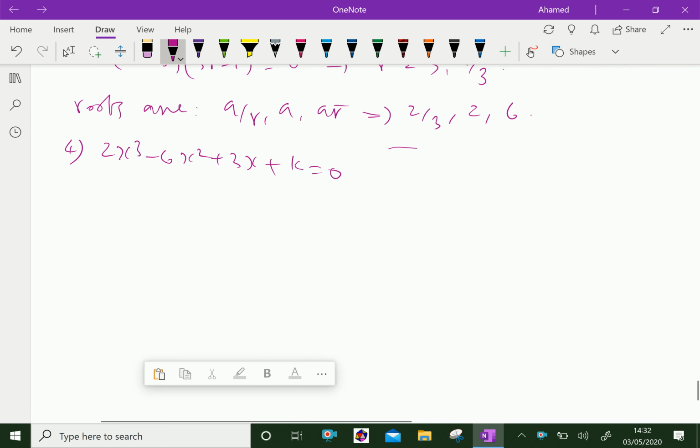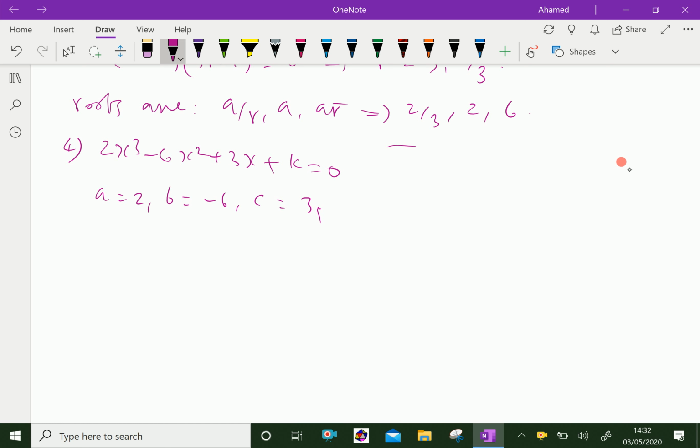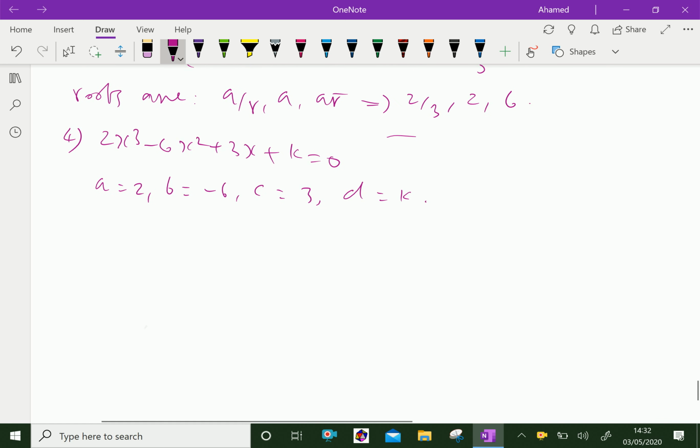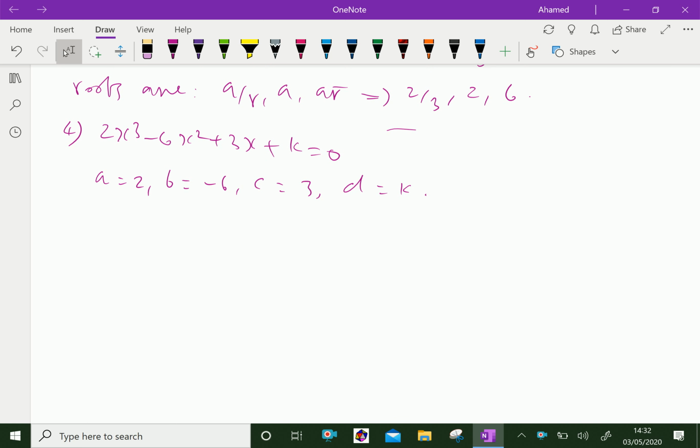Comparing with the standard equation, here a equal to 2, b equal to minus 6, c equal to 3 and d equal k. Now one of the roots is equal to twice the sum of the other roots.